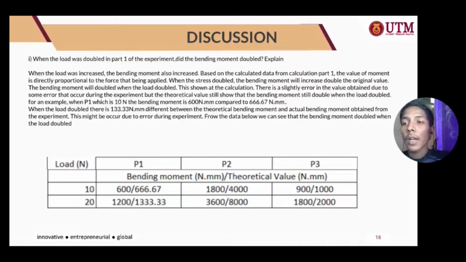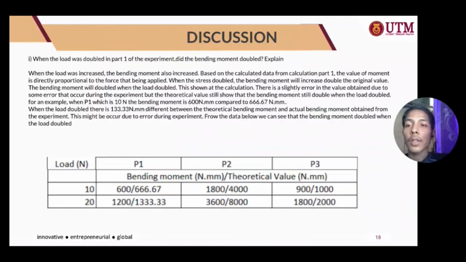When the load doubled, there is a 133.33 Newton millimeter difference between the theoretical bending moment and the actual bending moment obtained from the experiment. This might be due to error during the experiment.